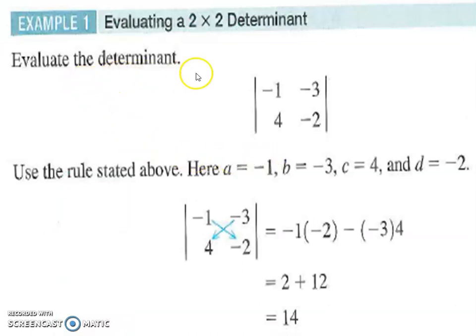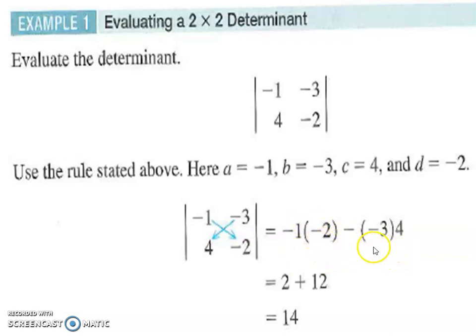Now the same type of example I introduce, but 3 elements are negative. Be careful about the negative signs. The same trick we have to follow. Minus 1, minus 3, 4, minus 2 is there. So we can take minus 1 into minus 2. The middle negative symbol remains the same. Minus 3 into 4. Better we put brackets for the negative numbers.